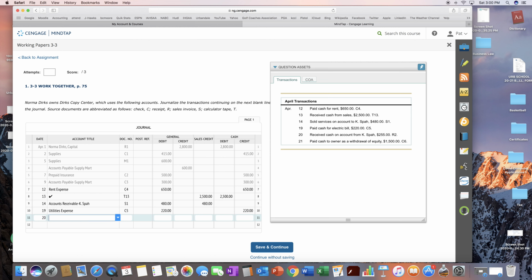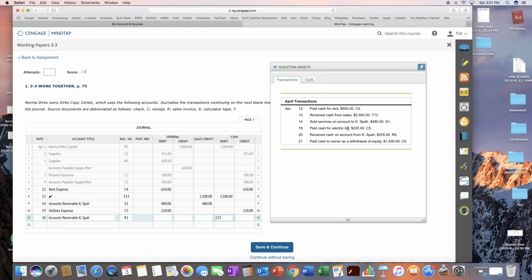On the 20th, we have received cash from K-Spa. So before, we know we sold services on account. He charged $480 to us, so we knew we were going to receive cash later. Well, now we have accounts receivable K-Spa, and we know it's a receipt, and it's the second one, and we know we receive cash, and we know we have to debit cash for $255.